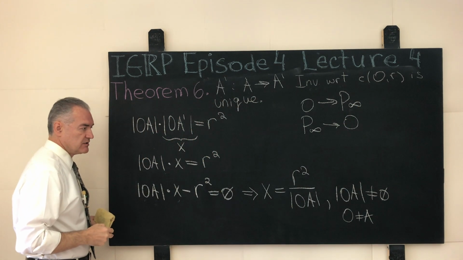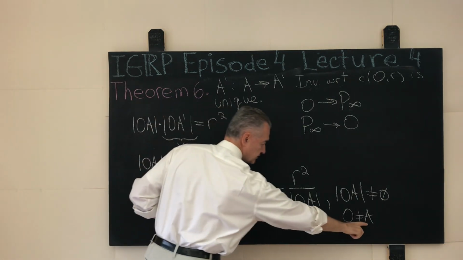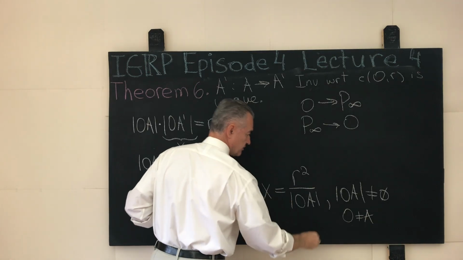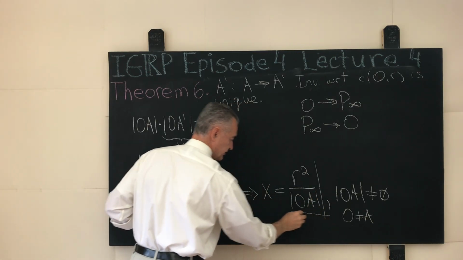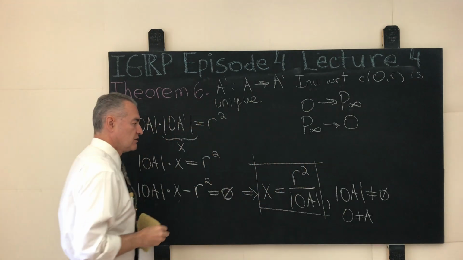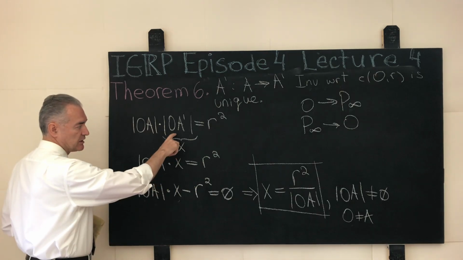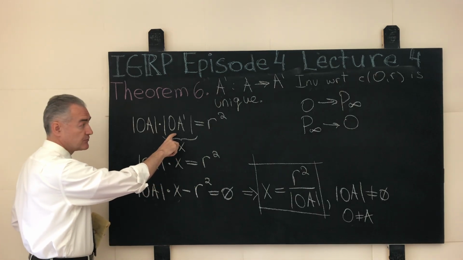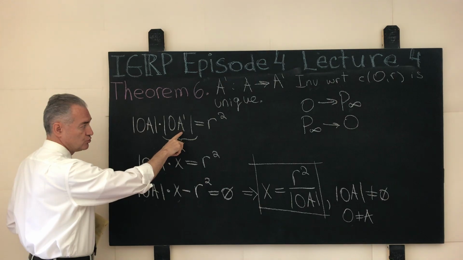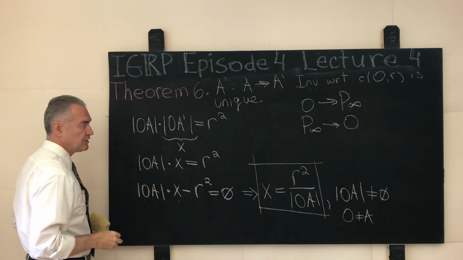And in our case, this is precisely the situation. The pre-image point is distinct from the center, and that result over here shows that the distance that we marked as the distance from the center of inversion to the image point is unique.